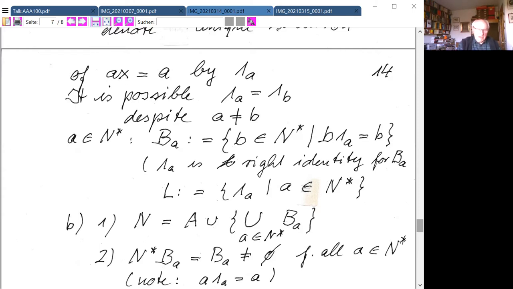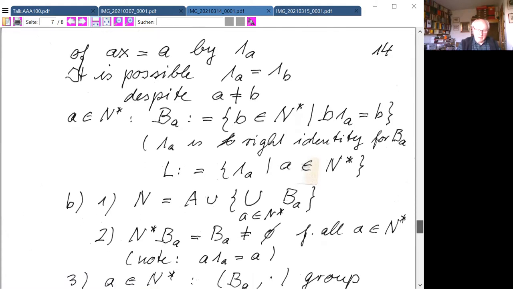For an element A in N star, we define B sub A as all those B for which 1 sub A has this unity role.